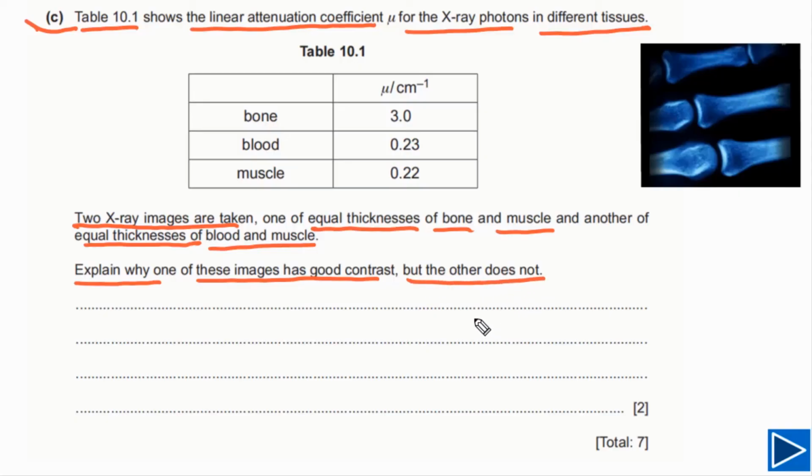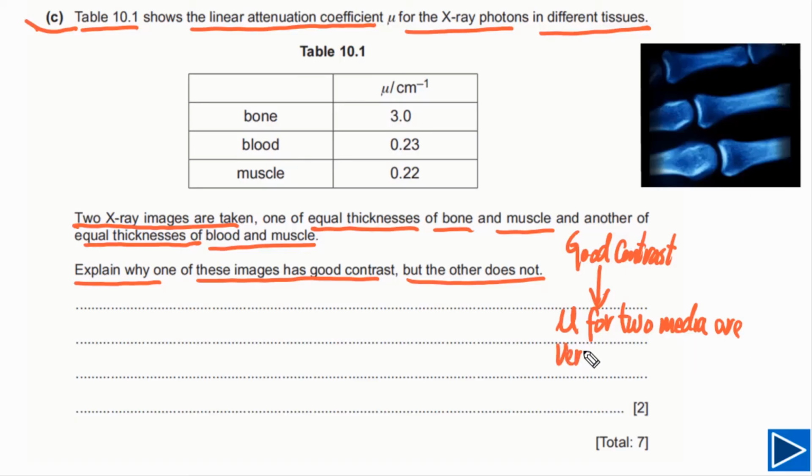First thing, let's try to understand how we can get good contrast. We will write down here: good contrast. Good contrast is possible if mu for two media is totally different.